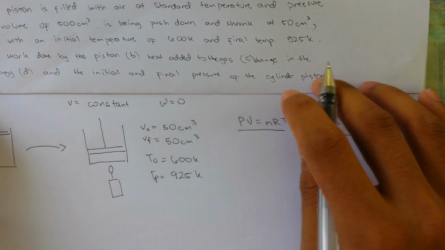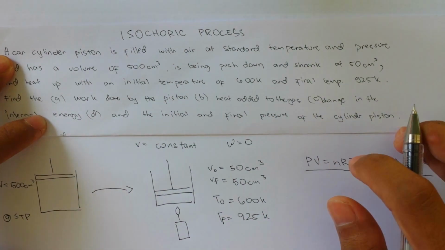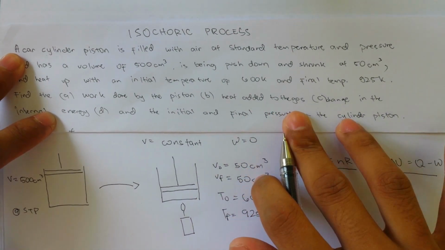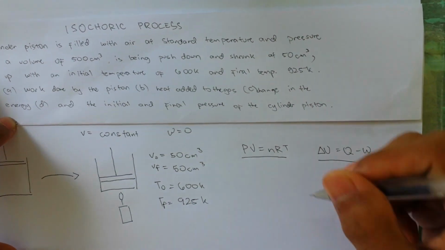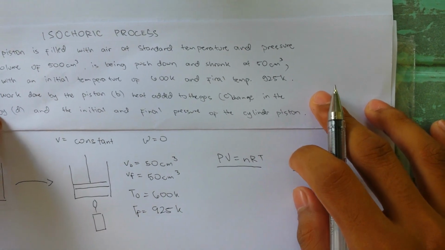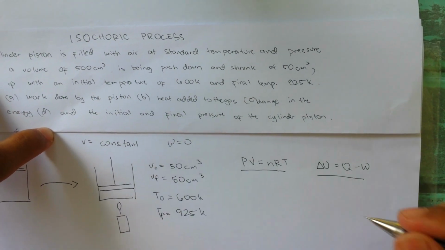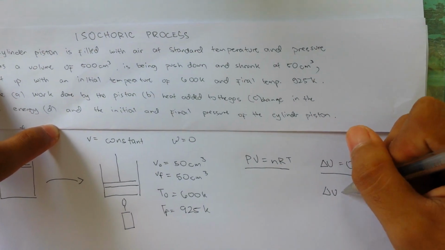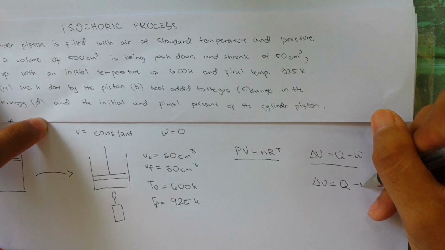The first problem we're gonna solve is work done by the piston, heat added to the gas, and change in internal energy. Since our problem is an isochoric process, the work done by the system is equal to 0. So change in internal energy is equal to heat minus work.